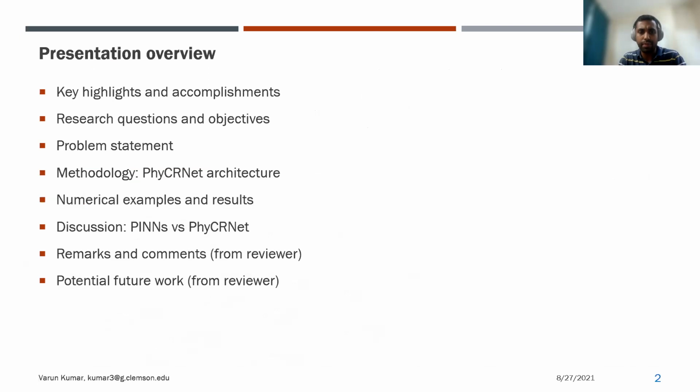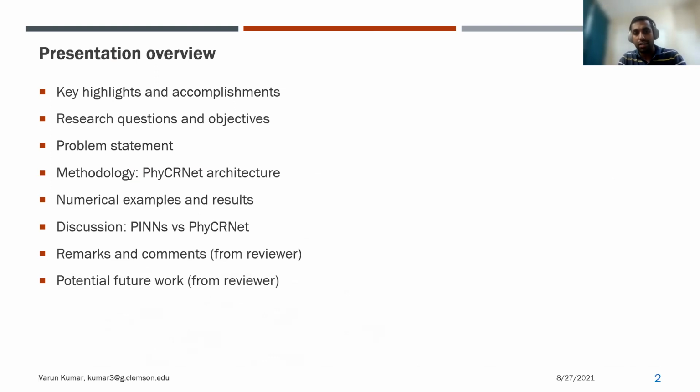So here's a brief overview of the things that I'll be talking about today. I'll be starting off with the key highlights and accomplishments in this work. Then I'll be talking about some of the research questions and objectives that motivated the researchers to look into PhyCRNet. I'll be briefly touching upon the problem statement that was used for this work.